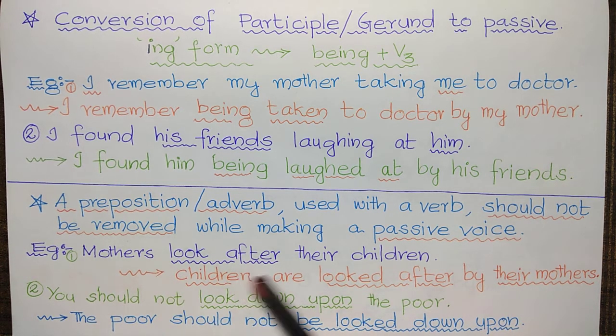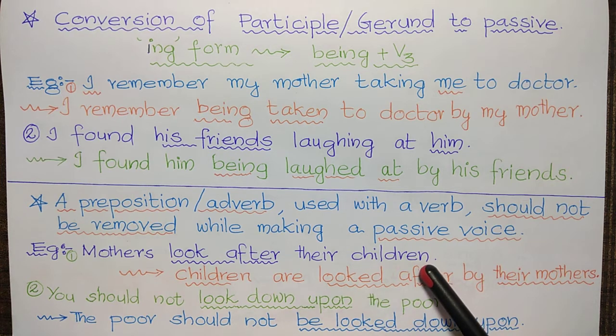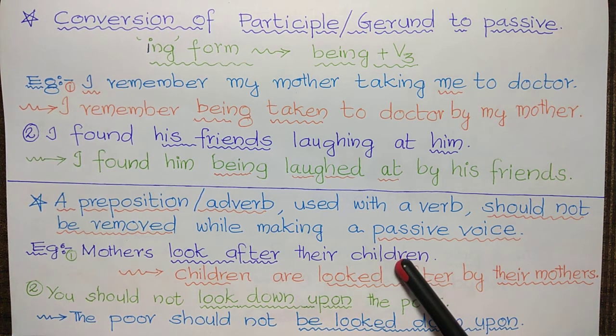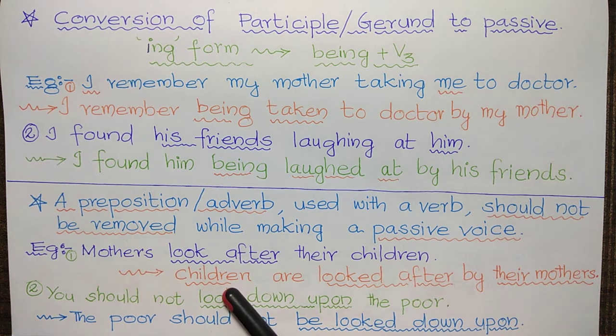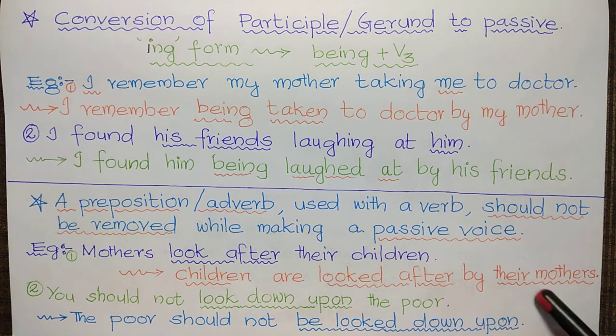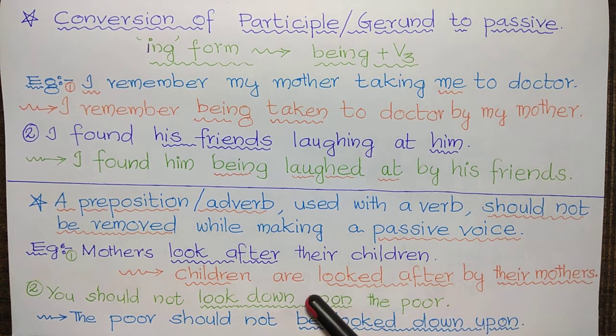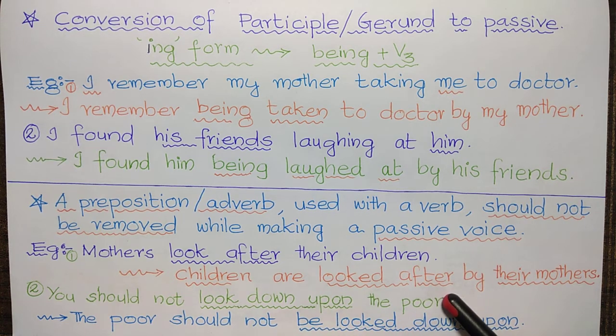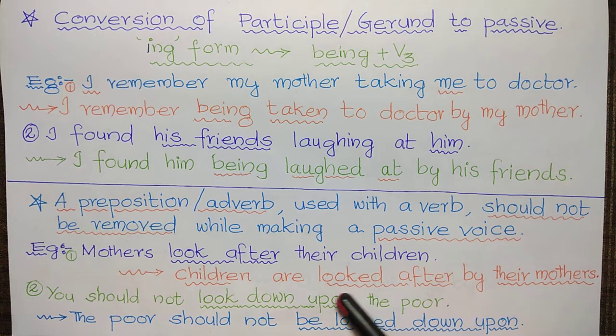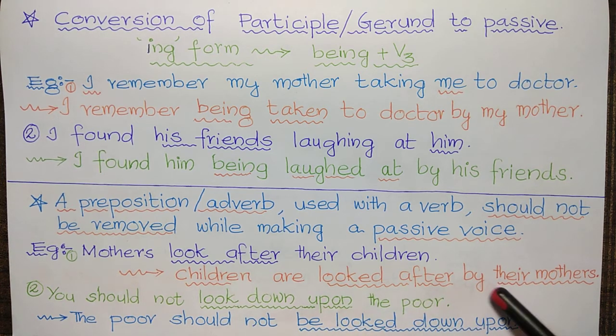Mothers look after their children. Mothers look after their children means mothers take care of their children. Its passive voice is children are looked after by their mothers. Looked after. This preposition is associated with this verb.